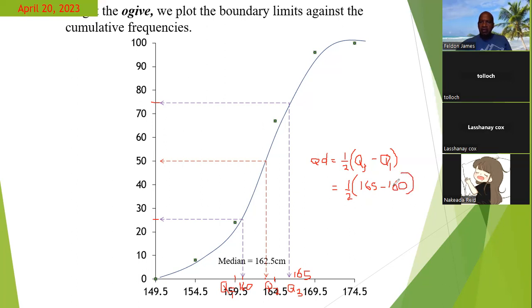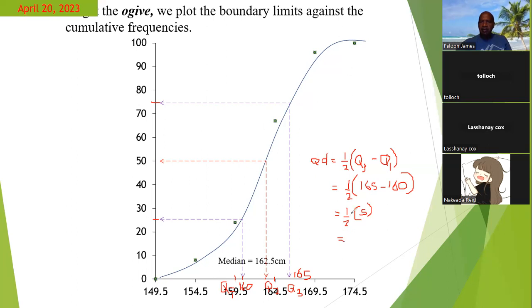So we'll subtract 160 from 165. And that would give us, in the bracket, 5. So we have half of 5. And half of 5 would be 2.5.